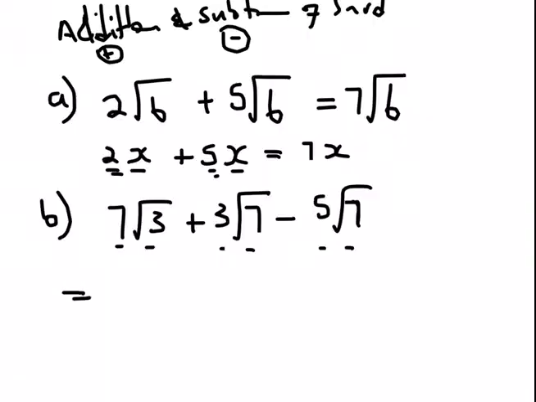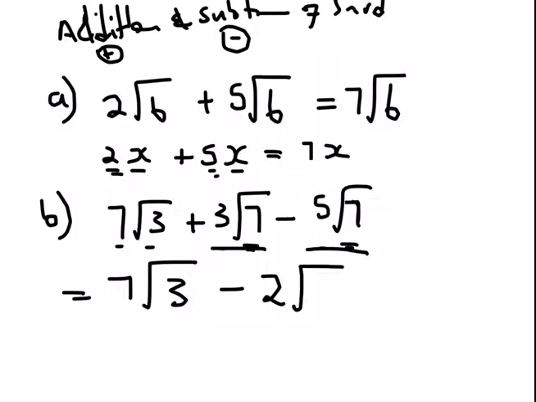So this one will definitely just be 7 square root of 3. It's only these two that you can work together, because it is 3 square root of 7 minus 5 square root of 7. So it's like you're saying positive 3 minus 5, what will that be? Will it not be minus 2? 2 of what? Of square root of 7.